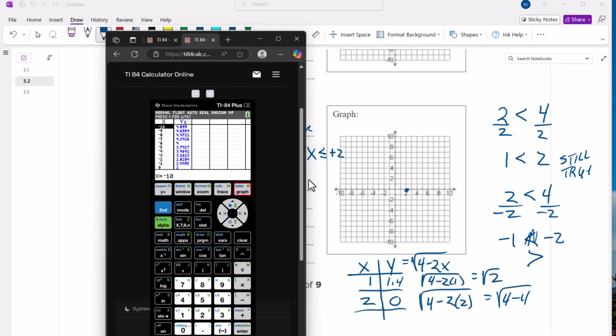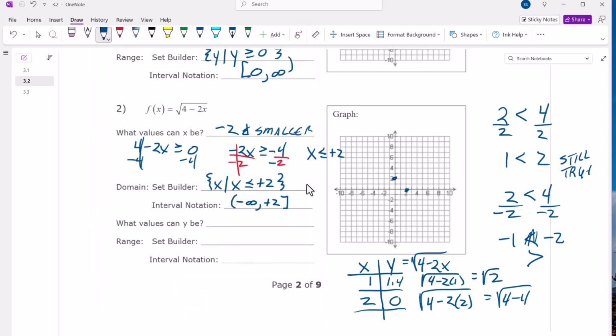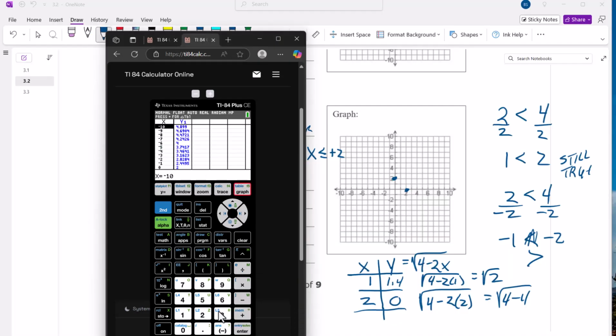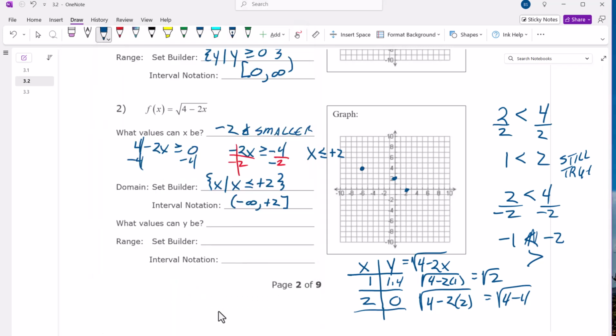So there's a point -6, 4. I see a point 0, 2. You can use as many points as you want to. So this graph basically looks something like that. Okay, so again, y can be 0 and bigger.